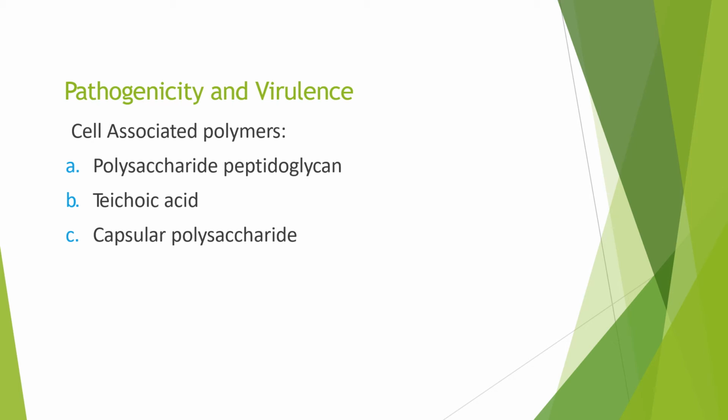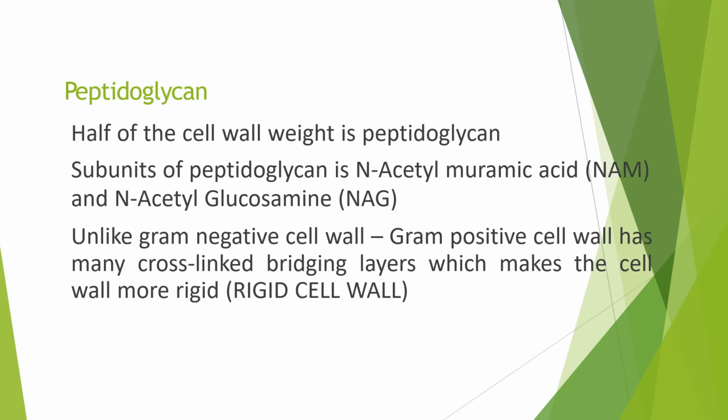Cell associated polymers are one of the reasons for its high pathogenicity and virulence. It contains polysaccharide peptidoglycan, that is the peptidoglycan seen in the cell wall. Then teichoic acid is present and capsular polysaccharide is present. Then we are telling about the peptidoglycan. Half of the cell wall weight is because of the peptidoglycan.